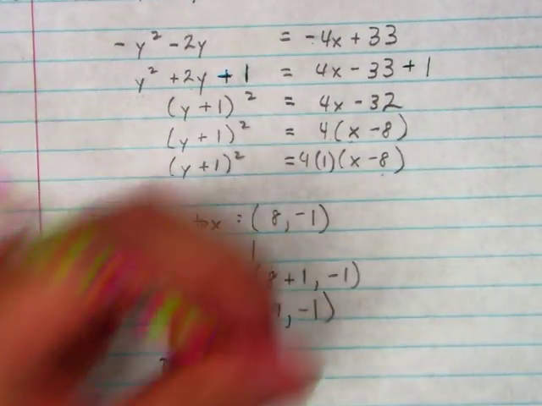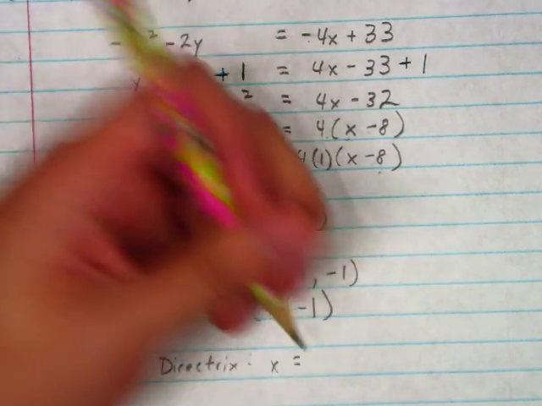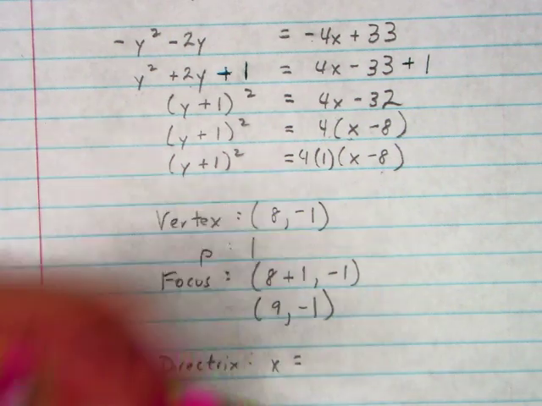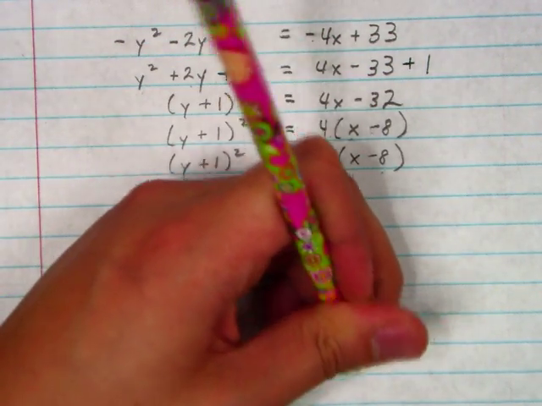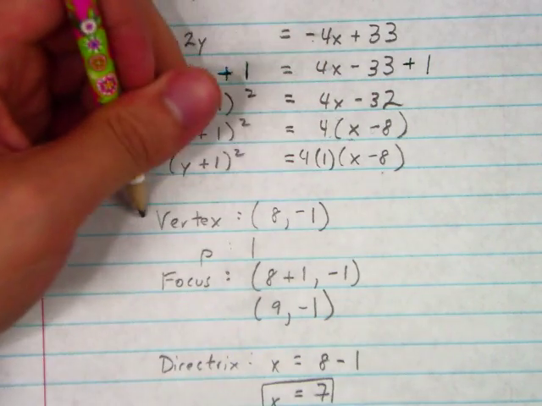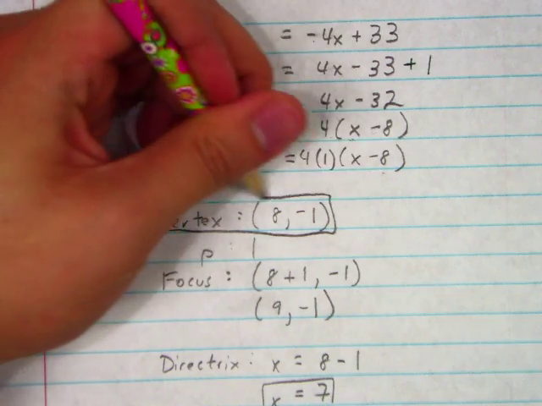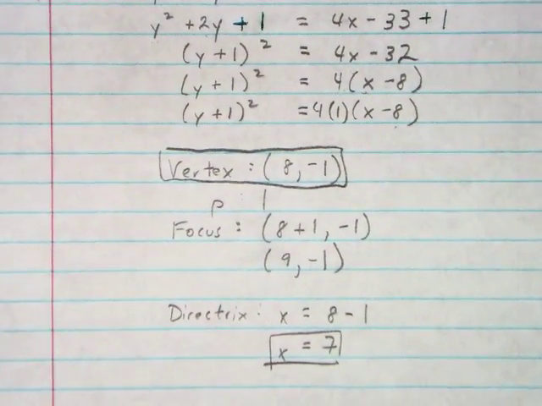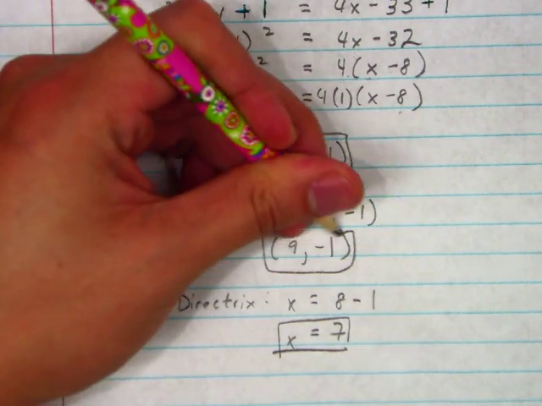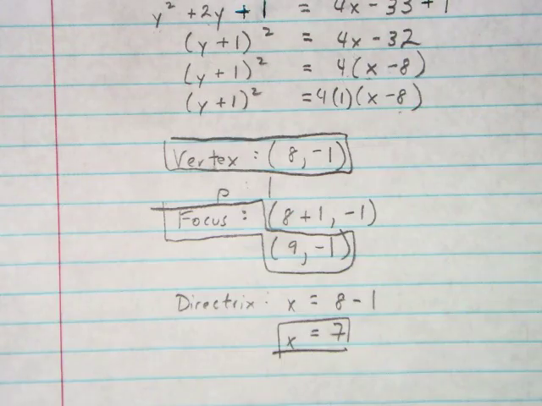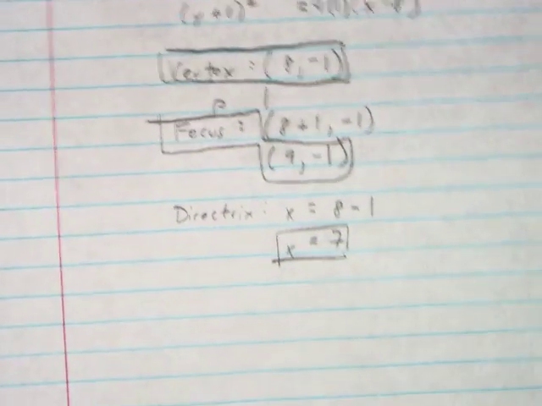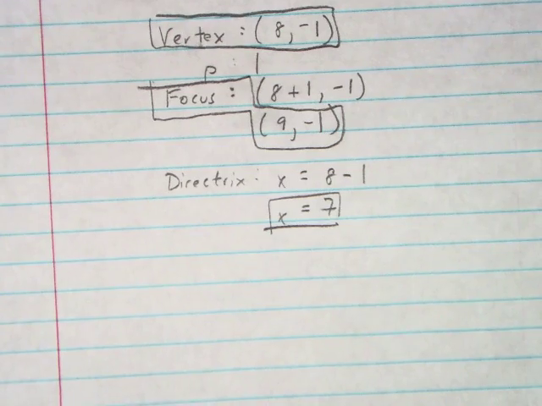And the last thing we want to find is the directrix. The directrix will be x equals h minus p this time, so it'll be 8 minus 1, x equals 7. So again, we need to be comfortable finding all 3 of these for a parabola: vertex, focus, and directrix.